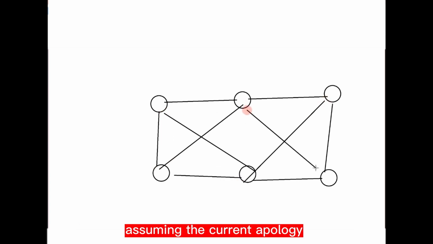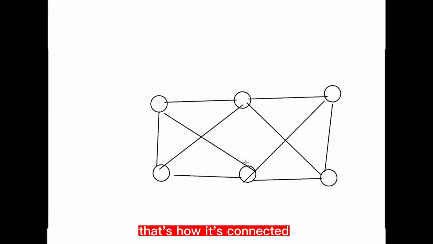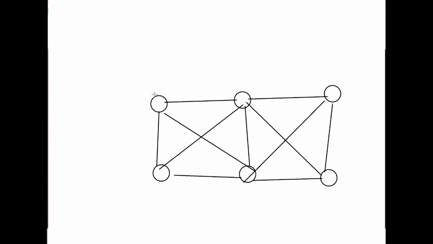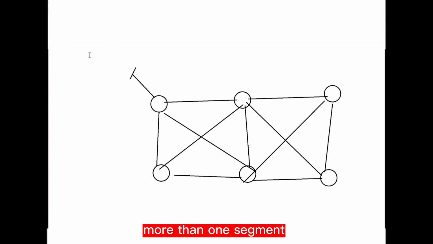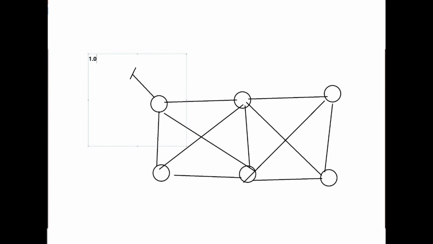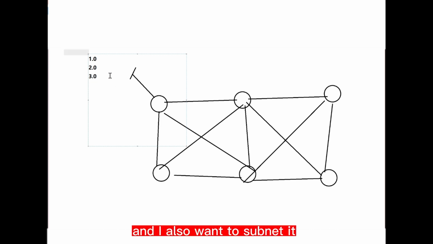Assuming the current topology is connected that way, for example, this device now has more than one network segment. There may be very many subnets: 1.0, 2.0, 3.0, etc. And I also want to subnet it. ABC classes are not mainly used.